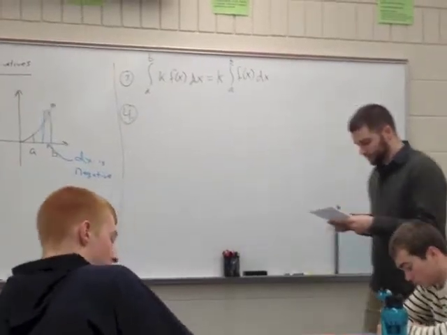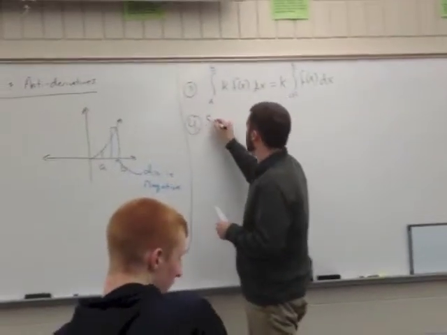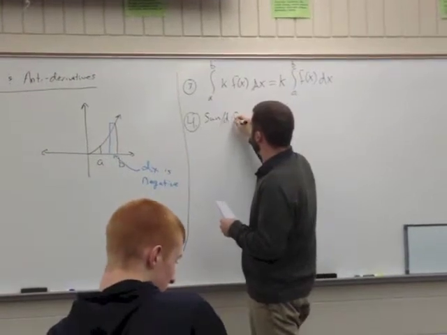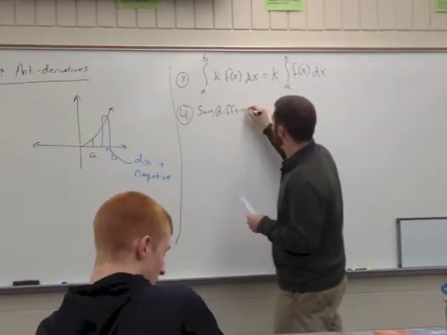Okay, number 4. This is called the sum difference property.